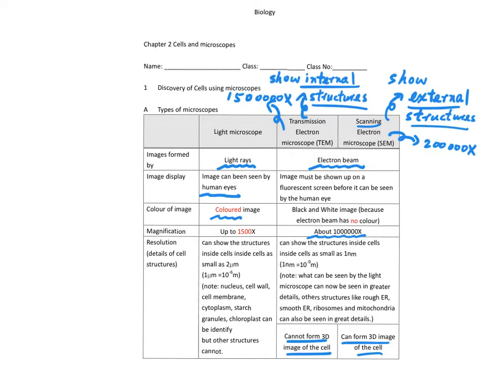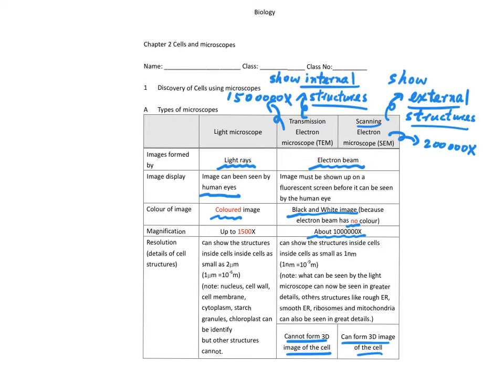But for the electron microscope, it can only be black and white because electron beams have no color. But sometimes you can see electron micrographs in different colors in your textbook. That is because some computer graphics has been applied to the photomicrograph to make it colorful, so that different structures can be distinctively shown.